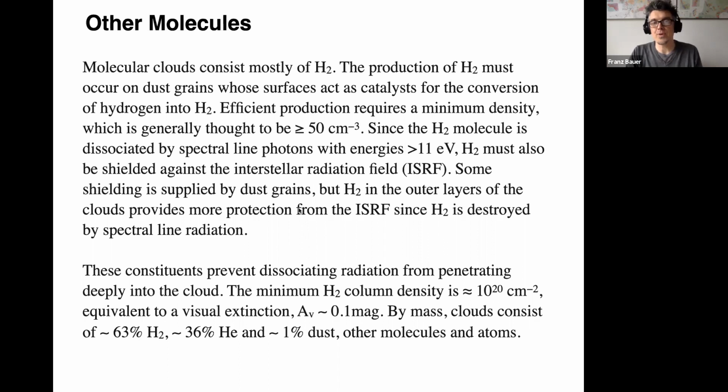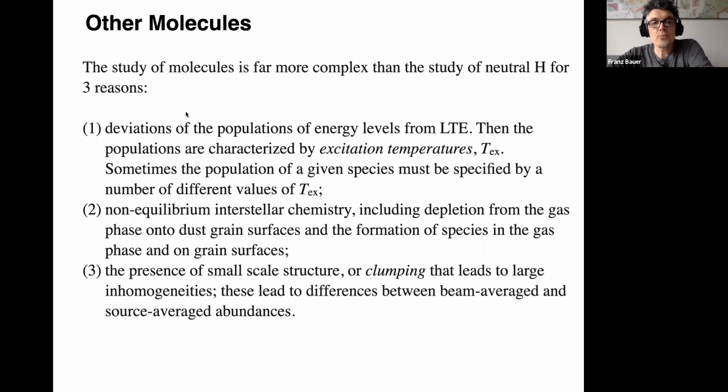Which also depend a little bit on where you're observing it from, because obviously if it's diffuse emission or very diffuse gas, you're going to have problems with the interstellar radiation field as well. So the study of molecules generally is much more complex than neutral hydrogen, because you have situations where you can deviate from local thermodynamic equilibrium.